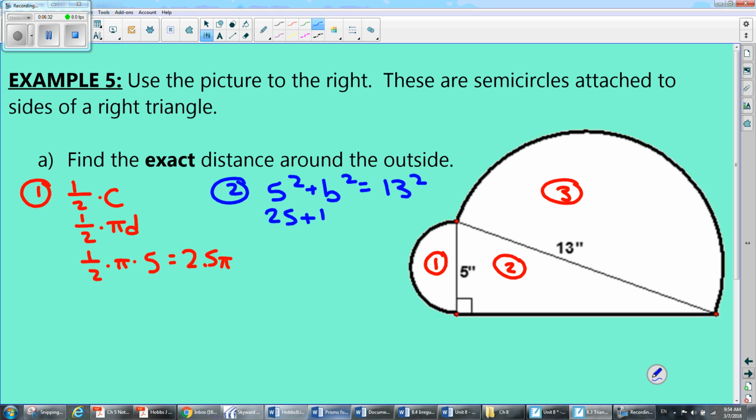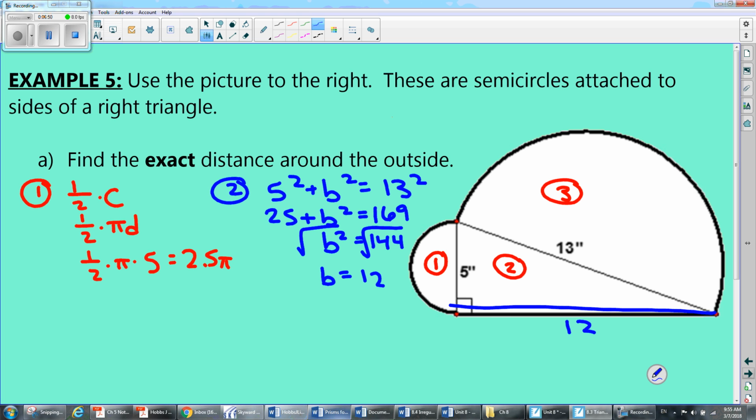So 25 plus b squared equals 169. When I subtract 25, I get 144. When I take the square root, I end up with 12. So this part here is 12.